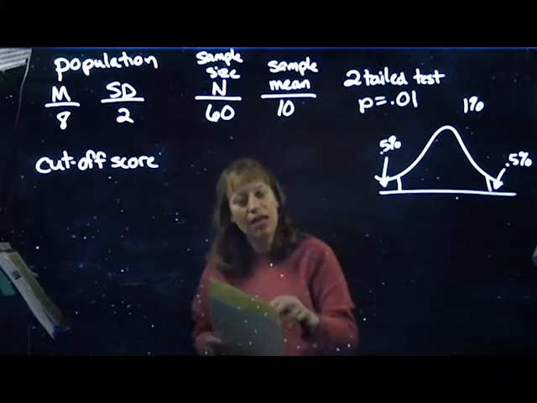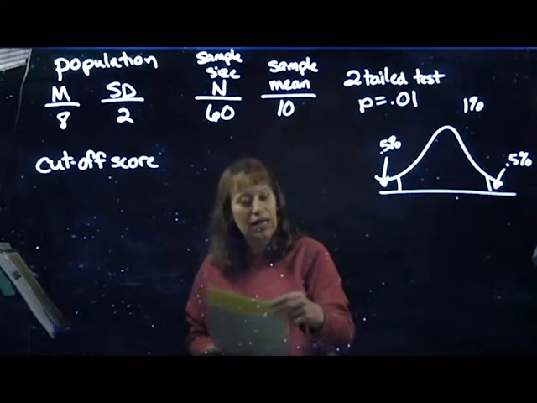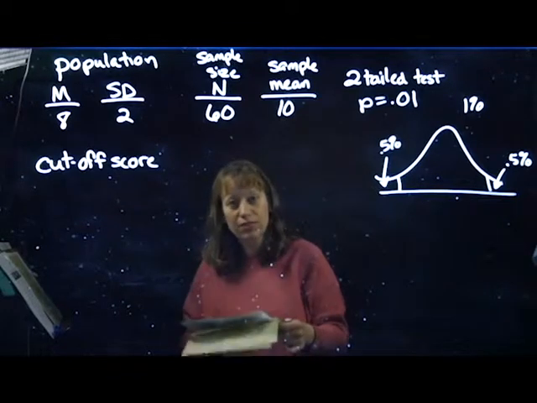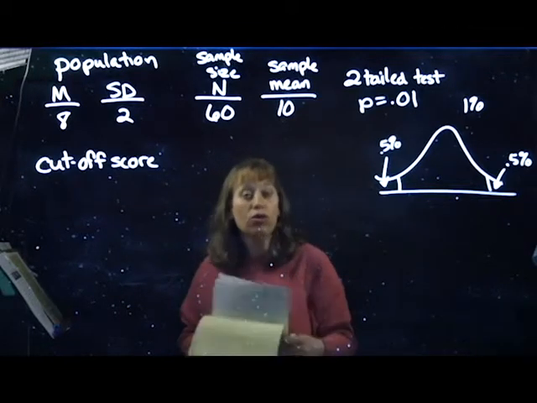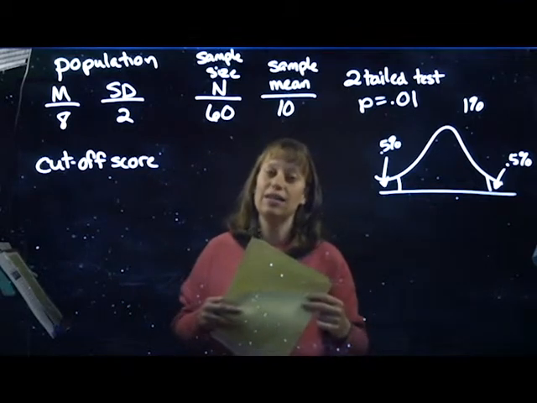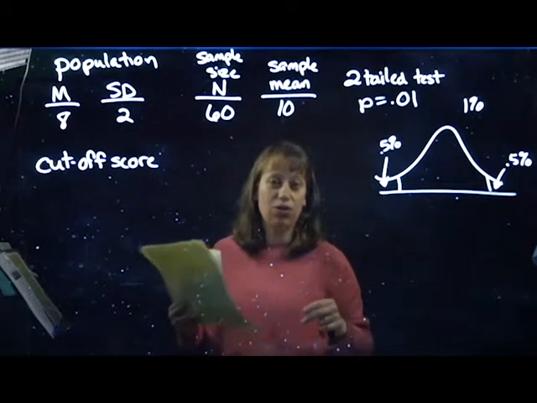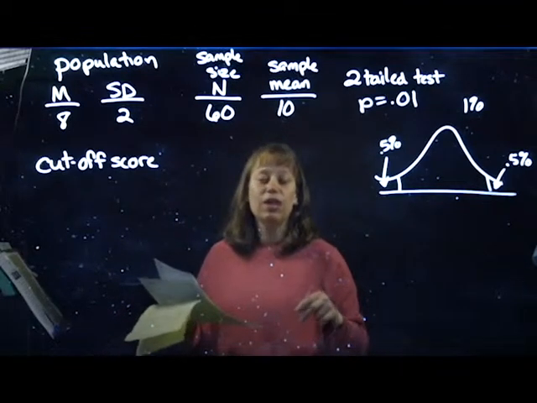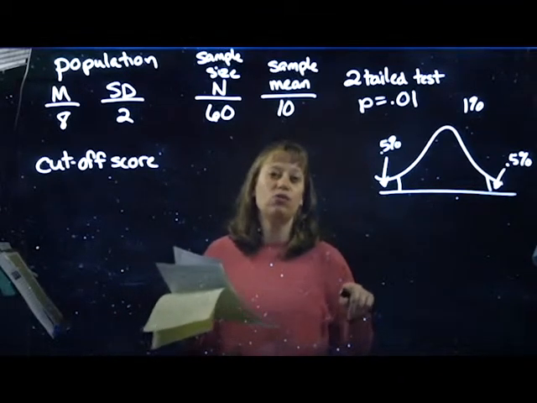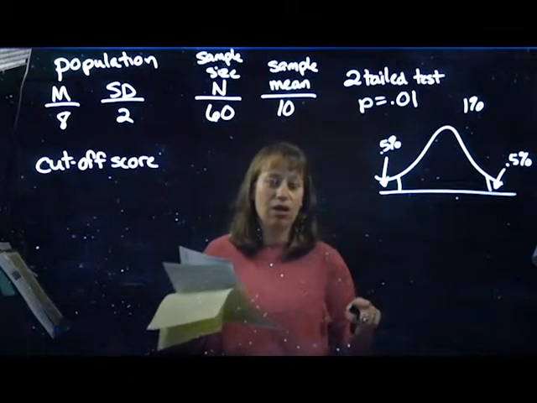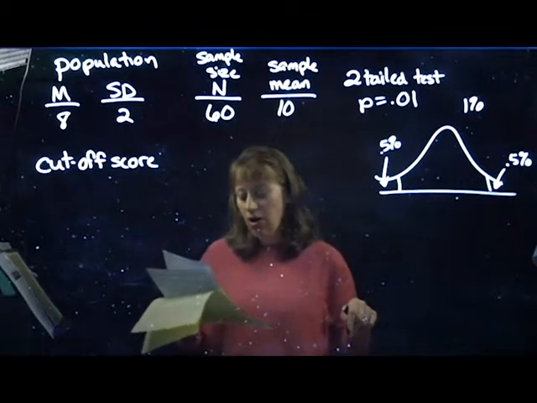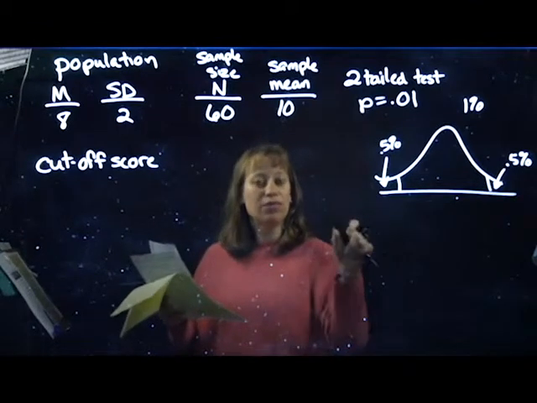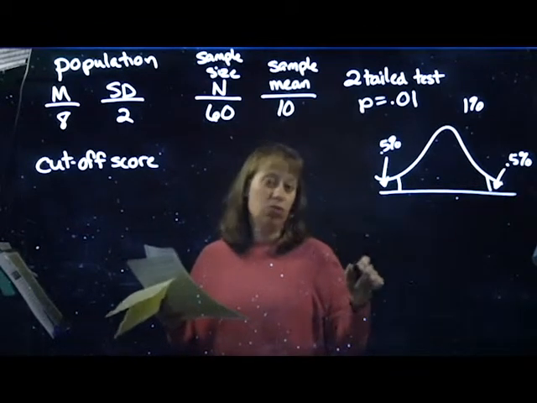You can click on the PDF associated with this example, or look at Appendix A-1 at the end of Aron et al., which starts on page 431 in the text. When you look at table A-1, you're going to be looking for where the percentage of the tail is 0.5.